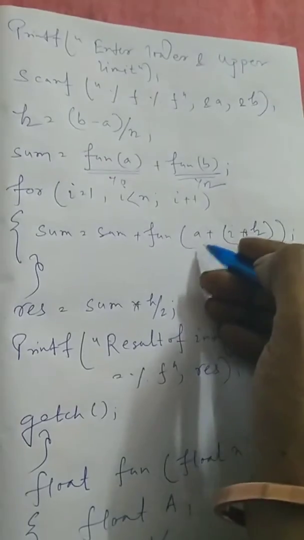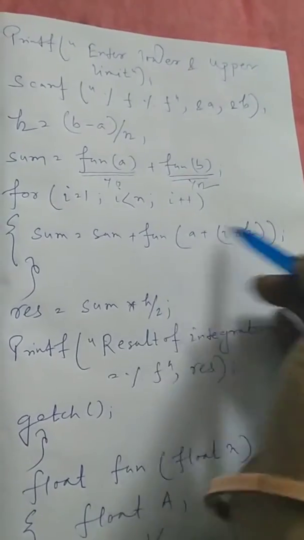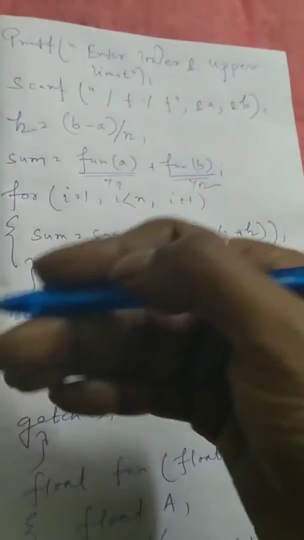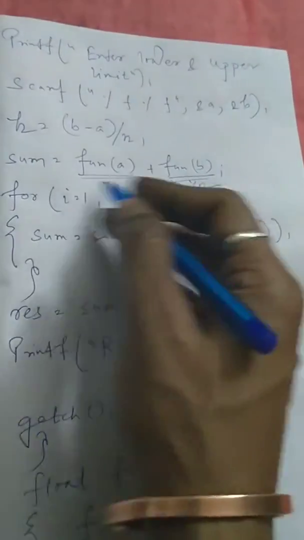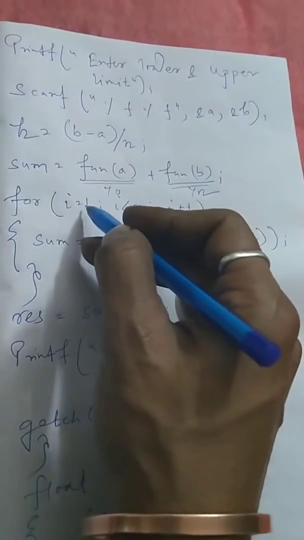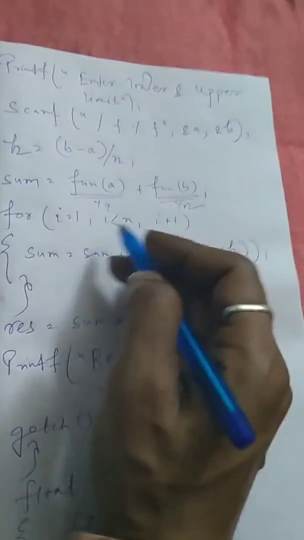Function of a plus h is nothing but y1. Next case it will be a plus 2h, function of a plus 2h is nothing but y2. So like this this loop will continue from i equals 1 to i equals n minus 1.